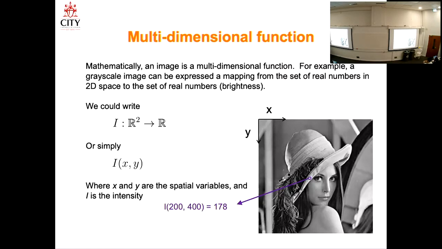We have X and Y coordinates, or width and height. For every individual pixel, for instance this one, you have an intensity, in the column or row, depending on the programming language you use: X 200 and Y 400. And the intensity value is 178.